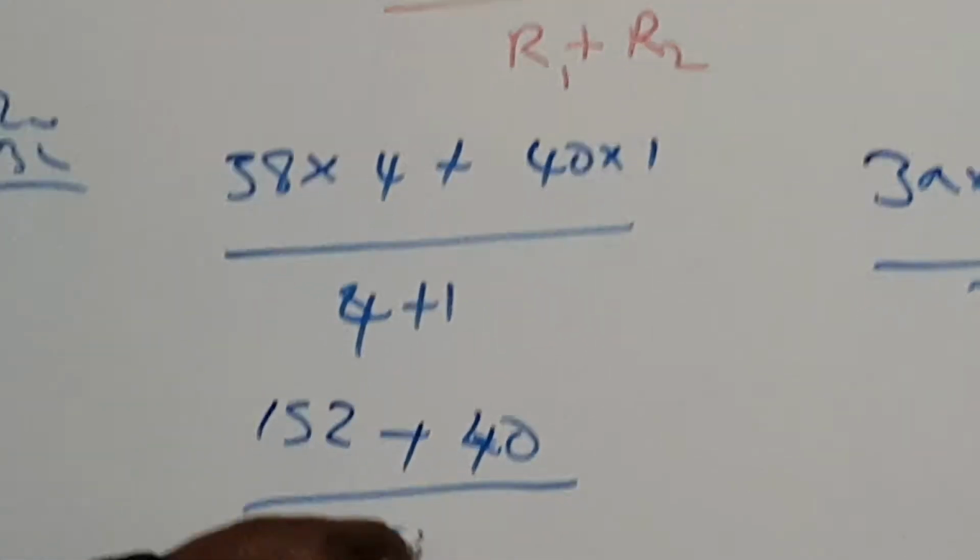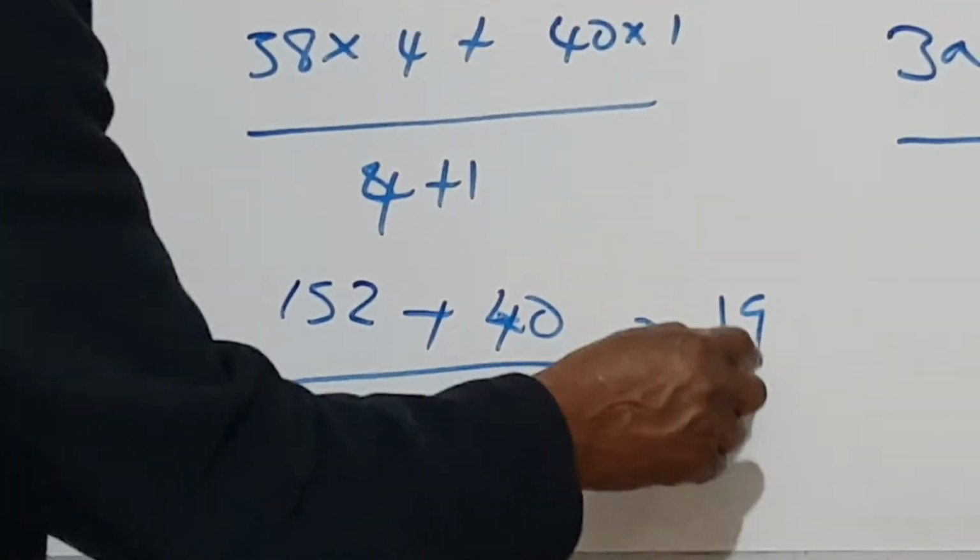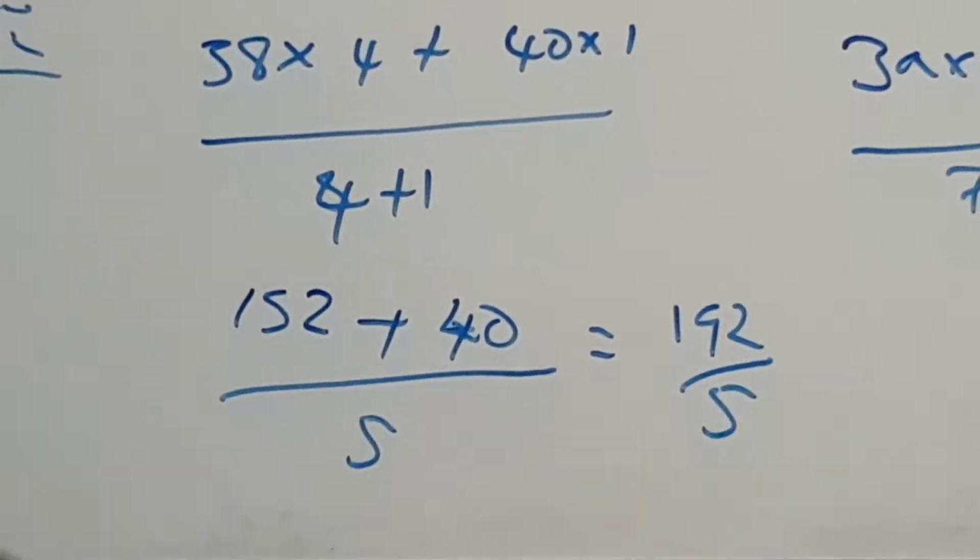Divided by 5. So this is equal to 192 divided by 5.